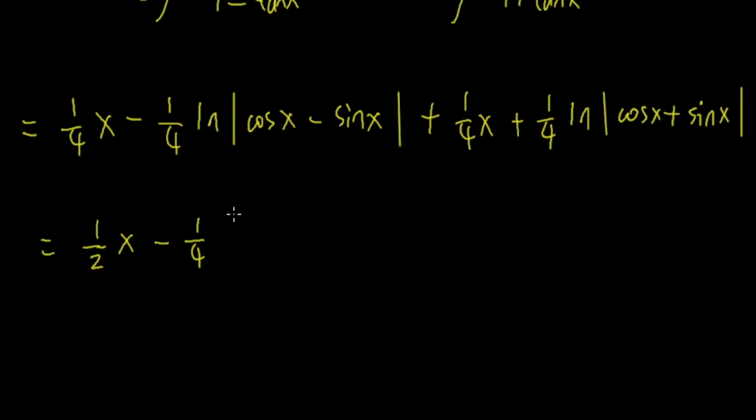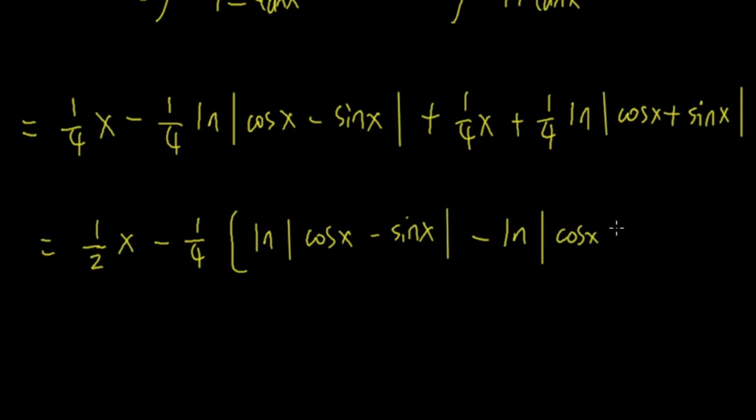And that is here, ln of cosine x minus sine x. Now, this is a plus, but I take out a negative 1 over 4, so this becomes minus. Okay? So minus ln of this one, cosine x plus sine x.